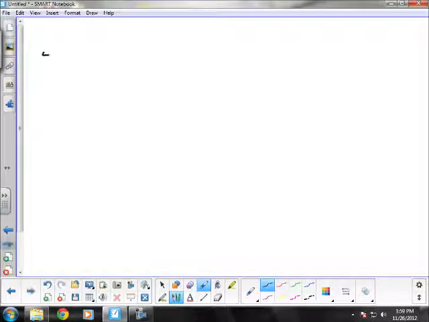The last objective in this section is just a whole bunch of application problems. There are several types of problems where we do applications with this type of idea. On page 331, it talks about the path of an arrow.